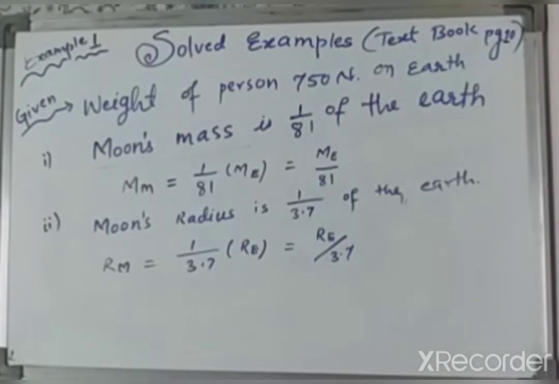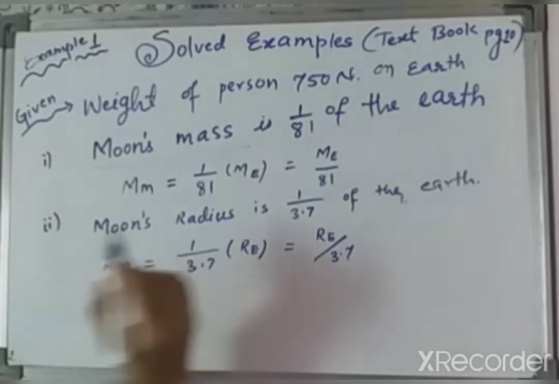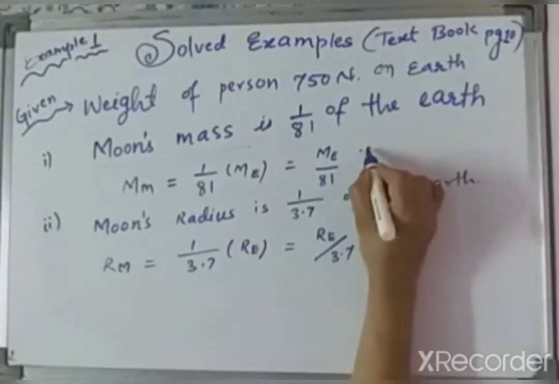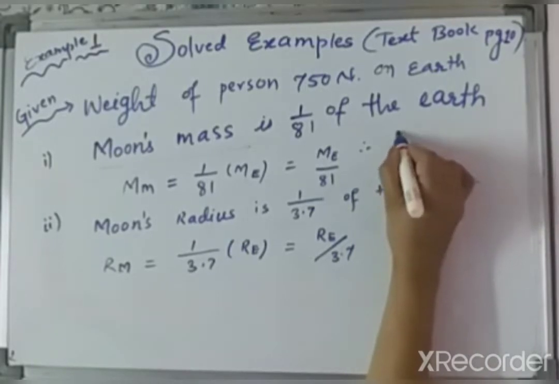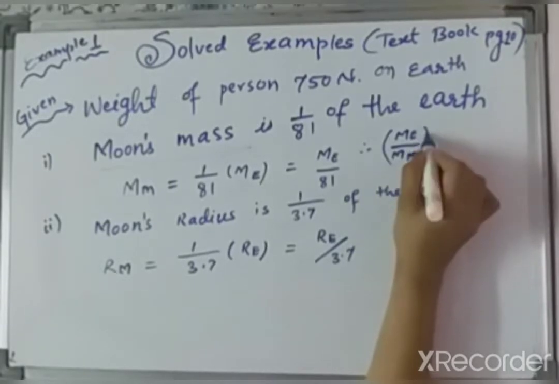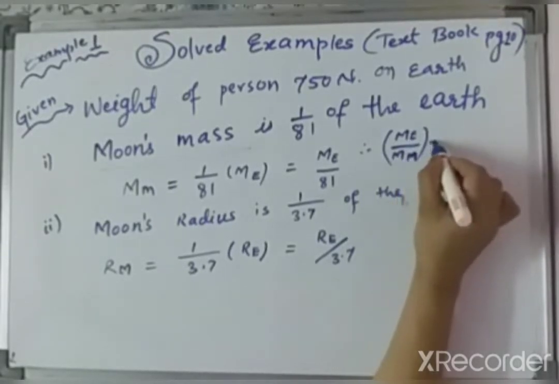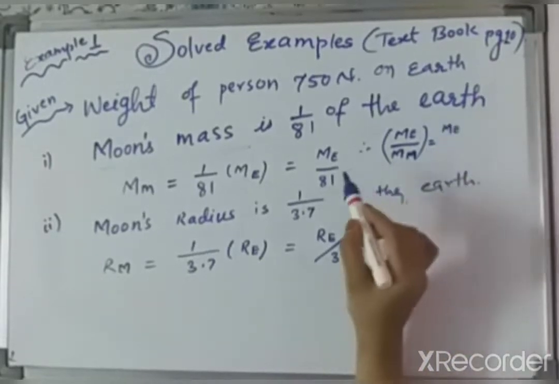These things are given. So from the first given thing, we can say that the ratio of mass of earth and mass of moon. What is the mass of earth? Me. What is the mass of moon?